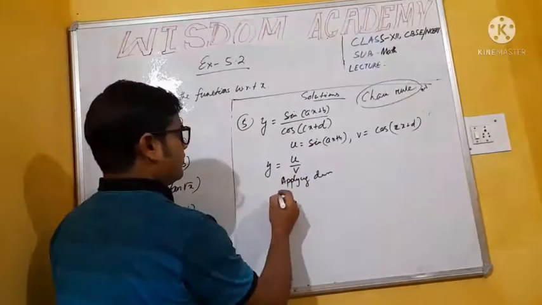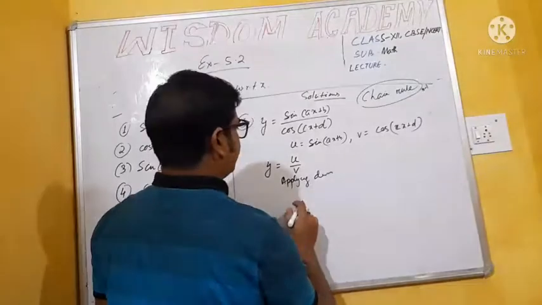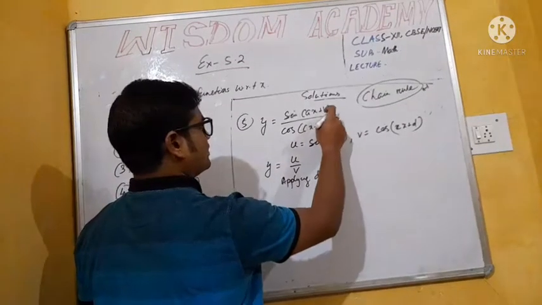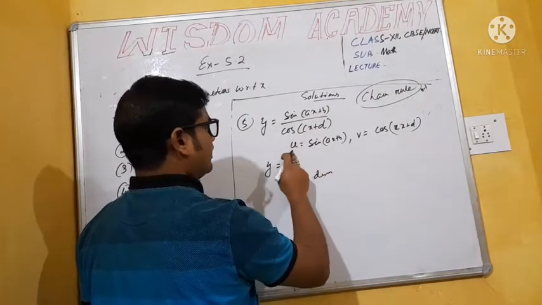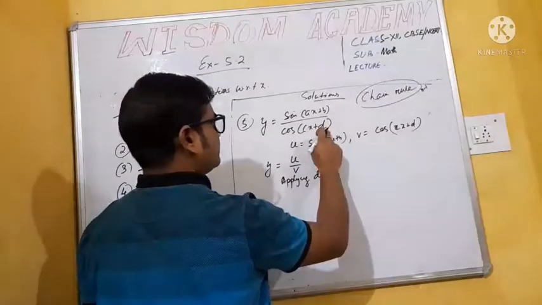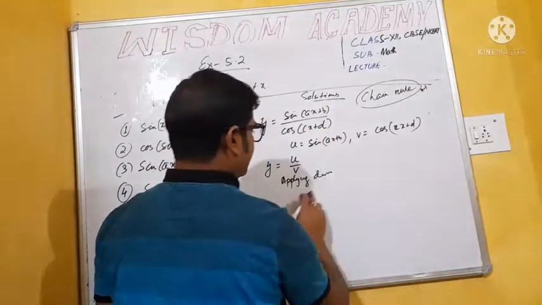At first we are going to find the derivative of sin ax plus b by considering u and cos cx plus d by considering v.